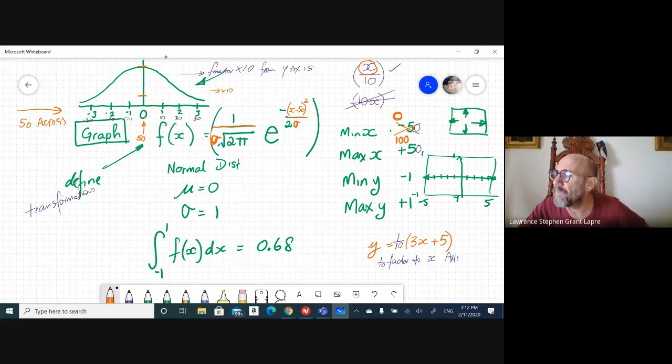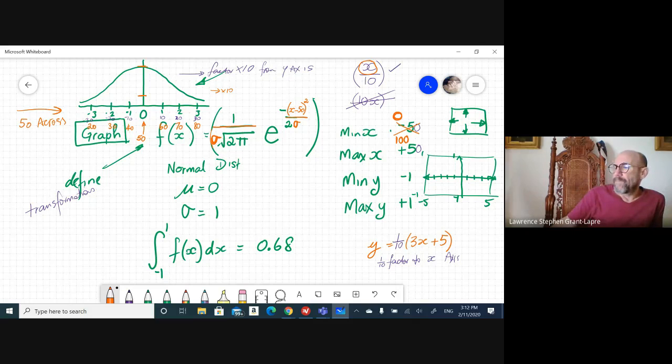And this will become 80. That will become 70. That will become 60. That will become 40. That will become 30. That will become 20. Okay?